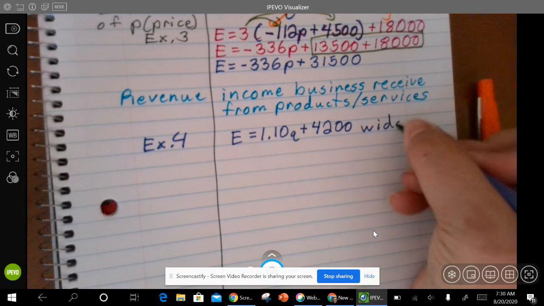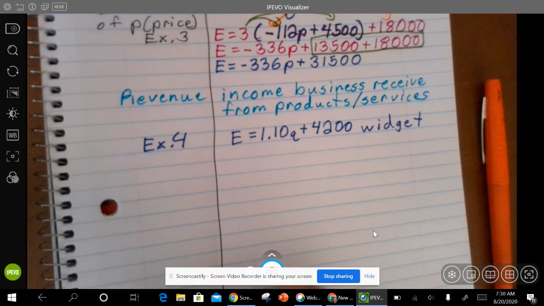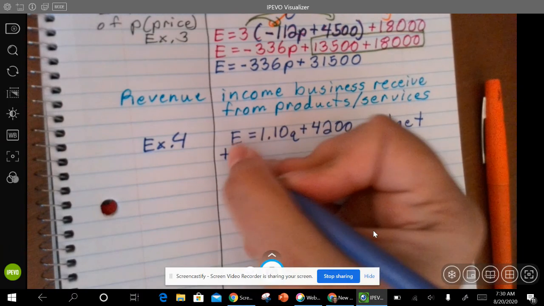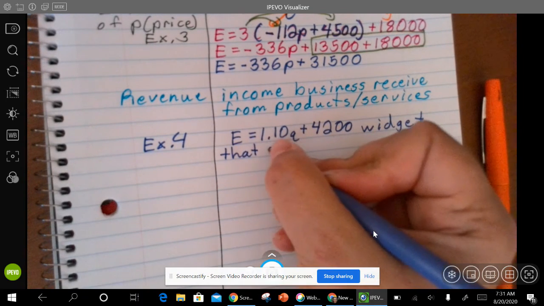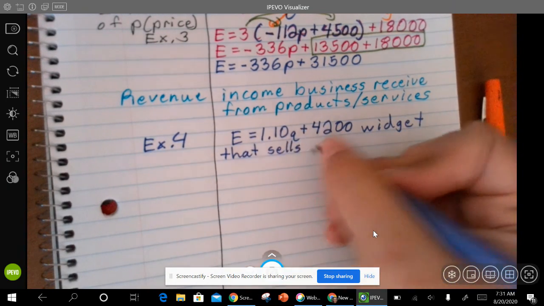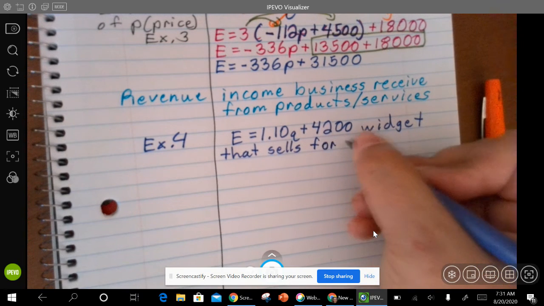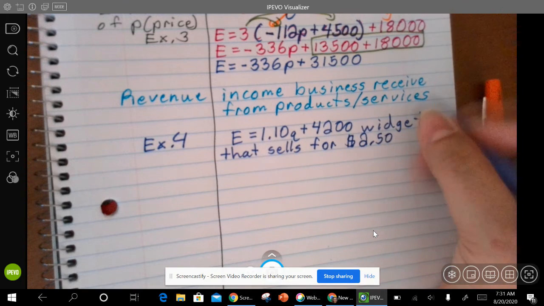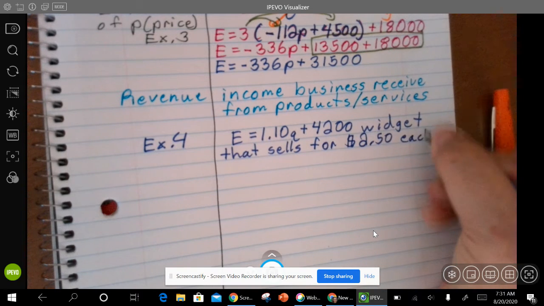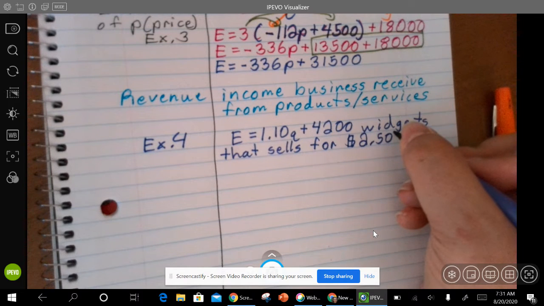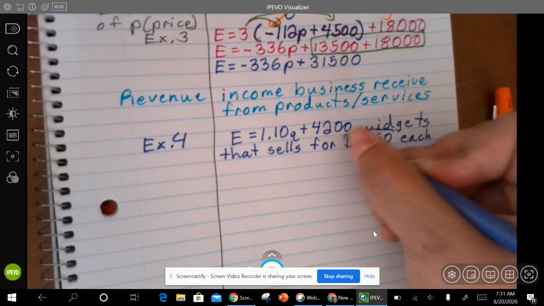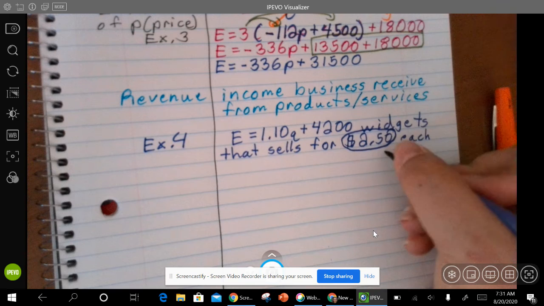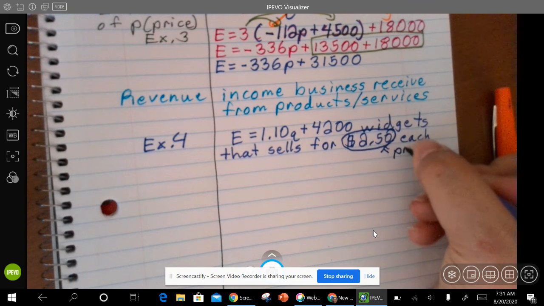Widgets that sell for $2.50 each. Okay, so everybody, this is our price, $2.50.